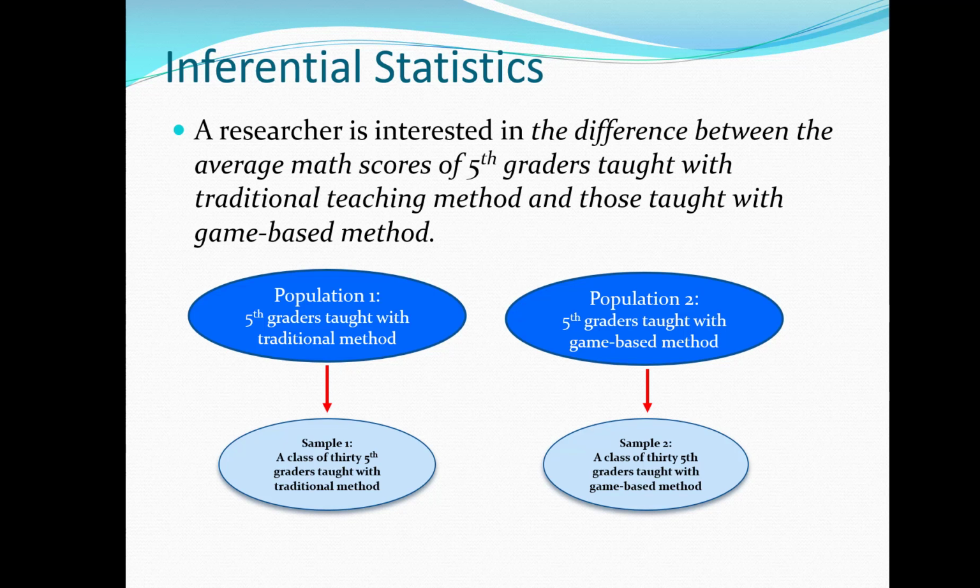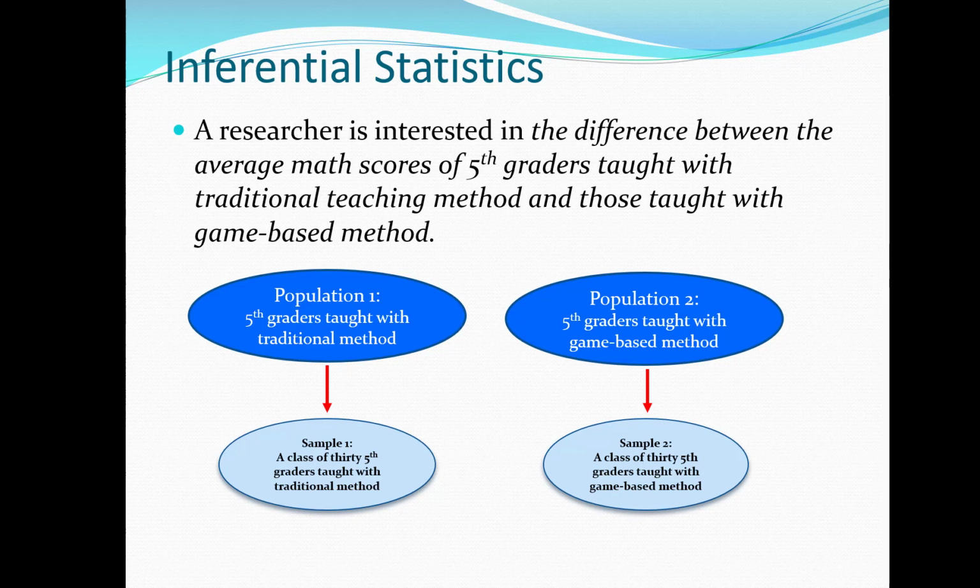It's different when we're talking about inferential statistics. That means we are interested in knowing or we want to investigate a relationship. If you look at this research example, you can see the relationship this researcher is interested in is the difference between fifth graders taught with traditional teaching method and those taught with game-based method in terms of their average math scores.